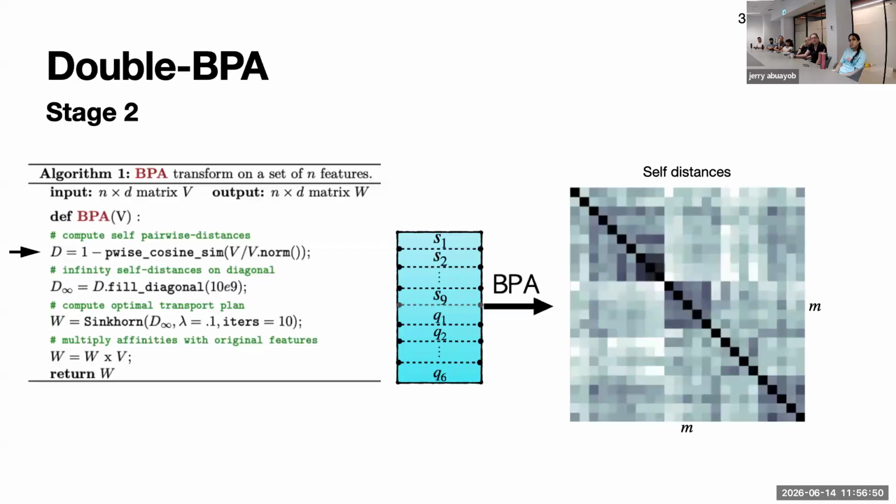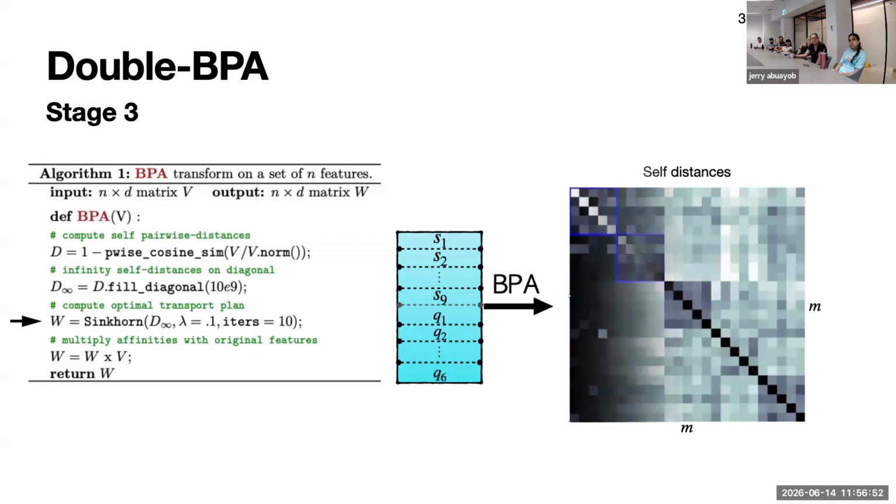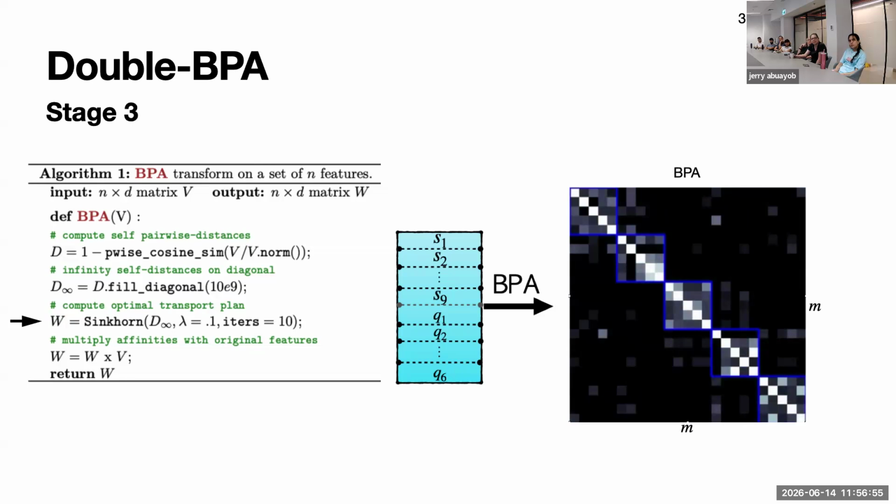Okay, so once we have this cost matrix, we solve this self-optimal transport problem. Optimal transport basically solves a min cost max flow problem between two distributions: what is the minimum cost of the maximum flow between two different distributions? Over here, we spread the flow from the features to themselves.